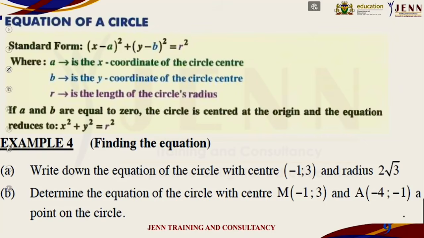It is open bracket x minus a close bracket to the exponent of 2 plus open bracket y minus b close bracket to the exponent of 2 equals r squared.